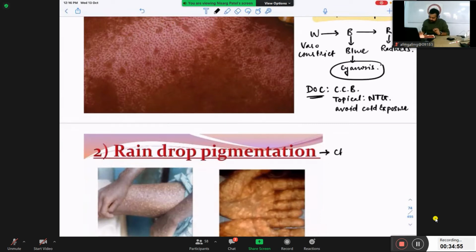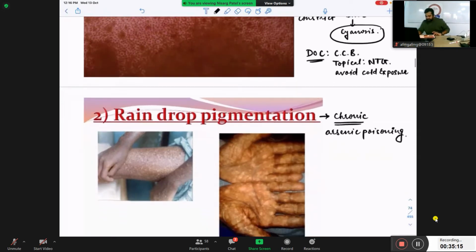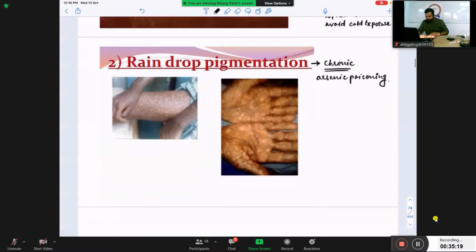Remember it is chronic arsenic poisoning, because acute arsenic poisoning causes acute gastroenteritis-like features.